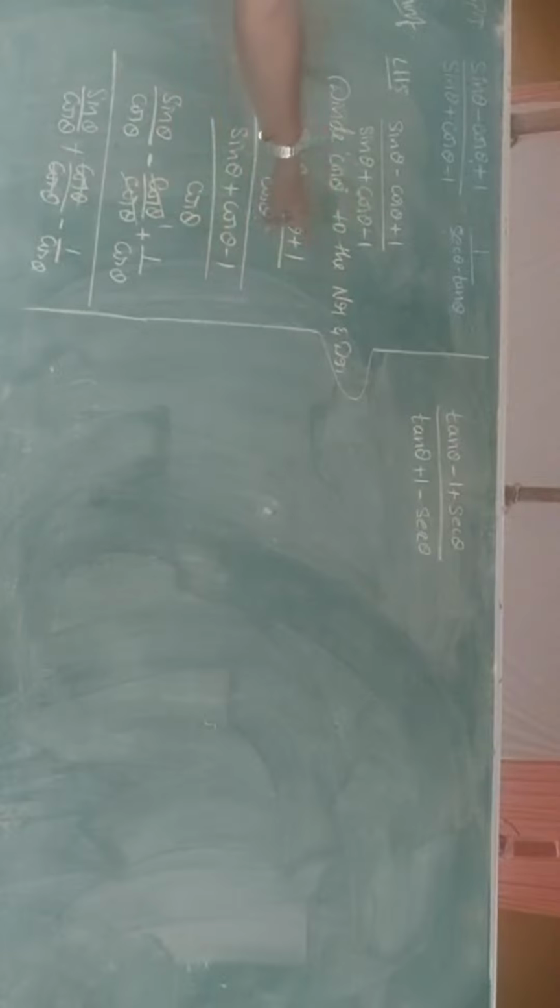Because the RHS was in the numerator. Now the RHS is in the denominator. So the denominator 1 you can write as sec square theta minus tan square theta. So let's use the terms first: tan theta plus sec theta minus 1 divided by tan theta minus sec theta plus 1.